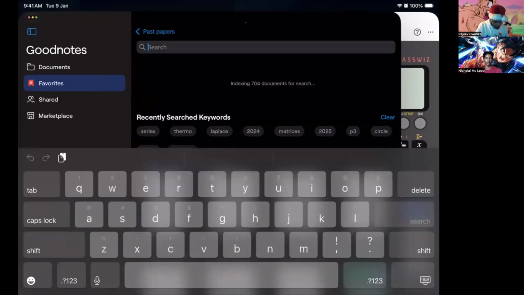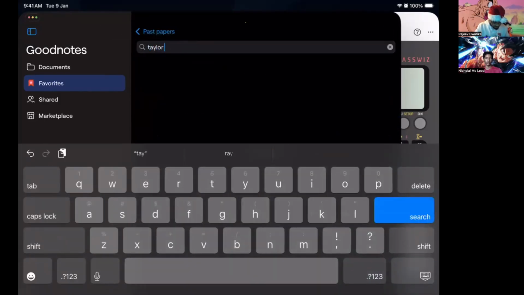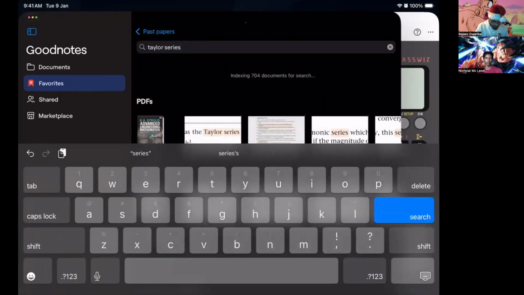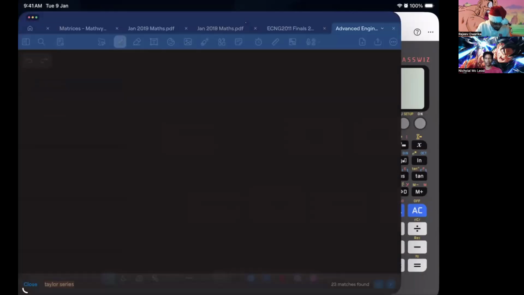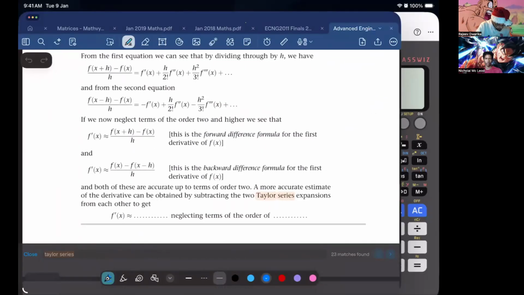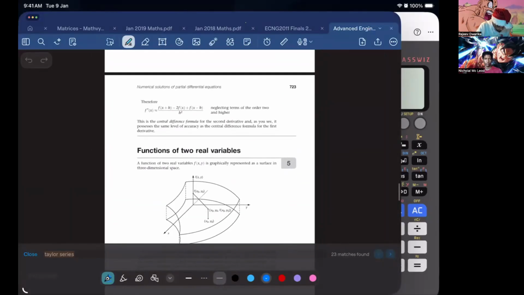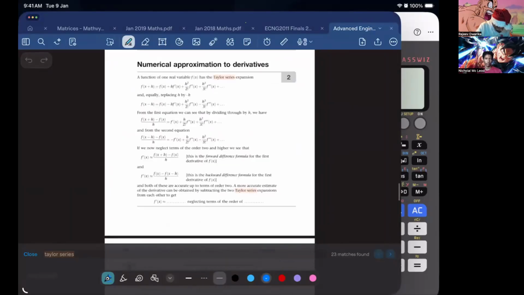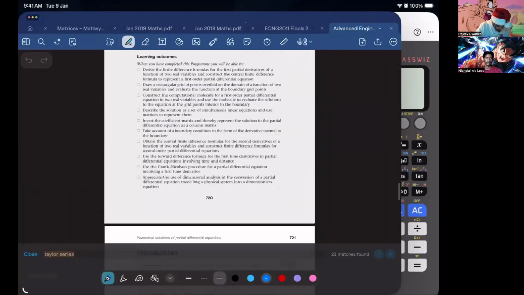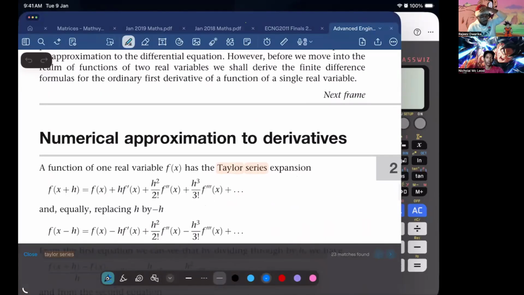What did you say, Taylor series? Not Taylor Swift, Taylor series. Yeah, numerical approximation to derivatives. You could use Taylor series and Maclaurin series to actually estimate the value of sine.